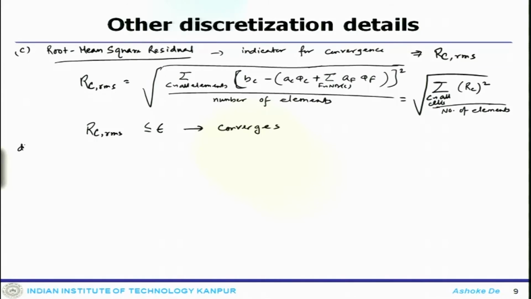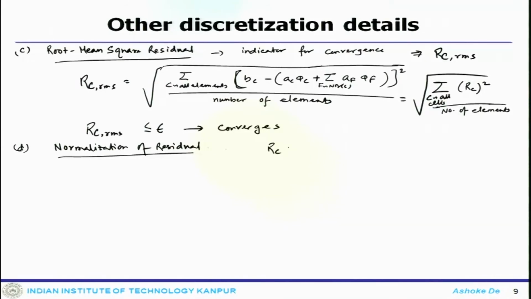Now, the last option which is possible is the normalization of residuals. It is possible that the absolute residual is a strong function of phi, and therefore different variables can result in a different RC.